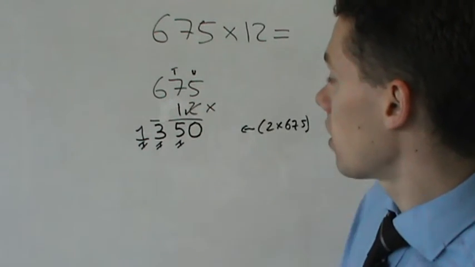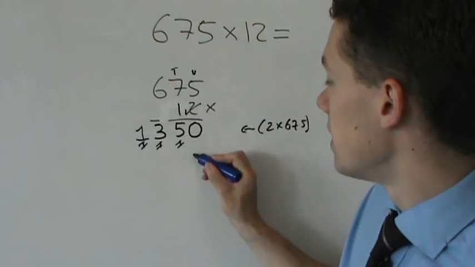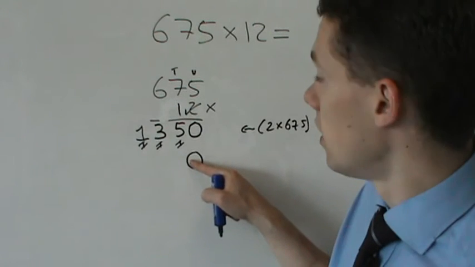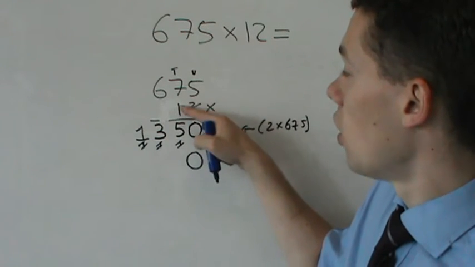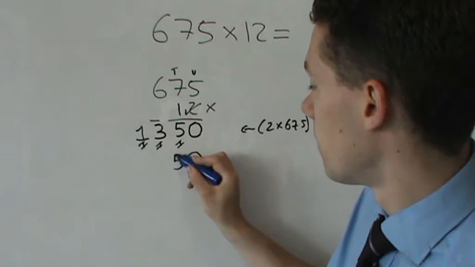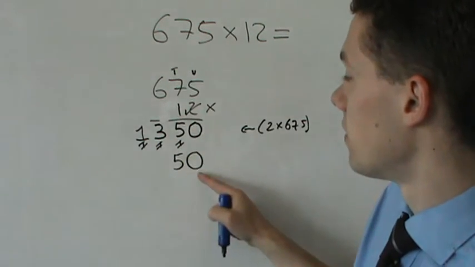So to make this work, when you're multiplying in the tens column, you always put a 0 down in the units column there to start us off with. And now I can do my first calculation, which is 1 times 5. 1 times 5 is 5, and that 5 goes in the tens column now. So it works now because you can see 10 times 5 is 50.